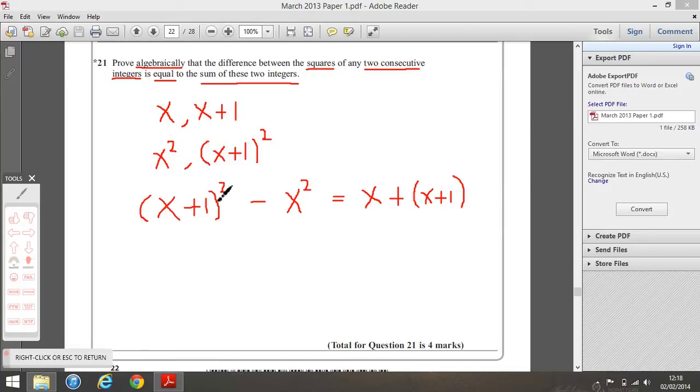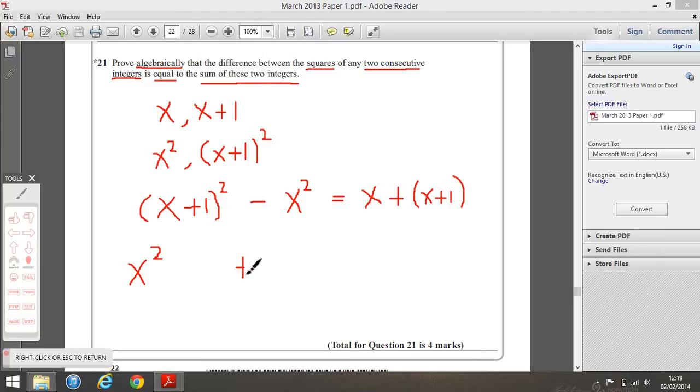Right, so expanding this bracket out here, I can use my shortcut. The shortcut is this, x plus 1 squared. If I square the first term, so the first term in the bracket is of course x, we'll do x squared. Square the last term, so the last term is obviously just the plus 1. If I square that, 1 squared is just 1, so the plus 1.